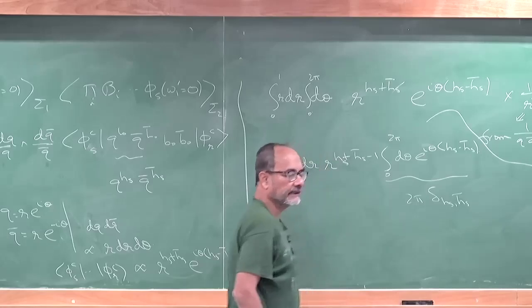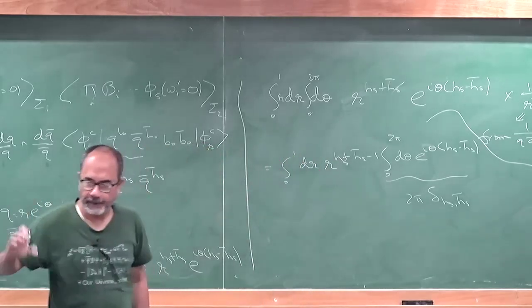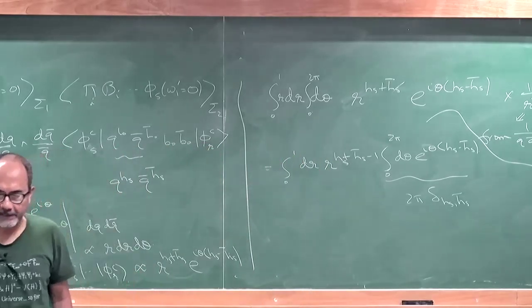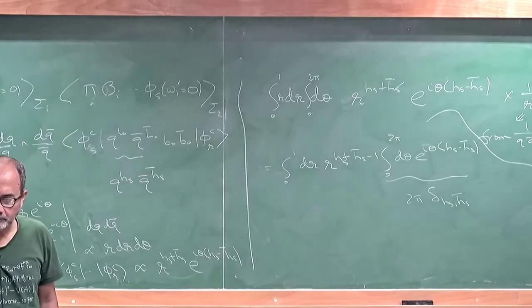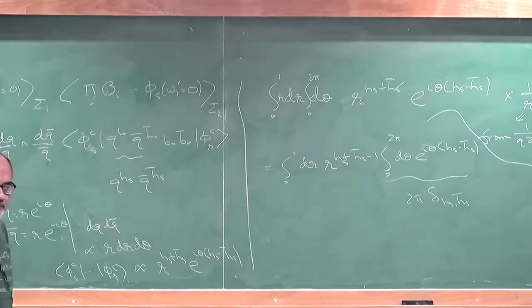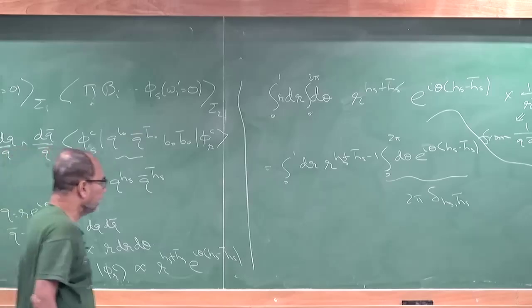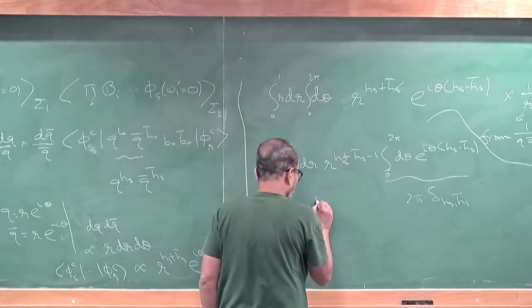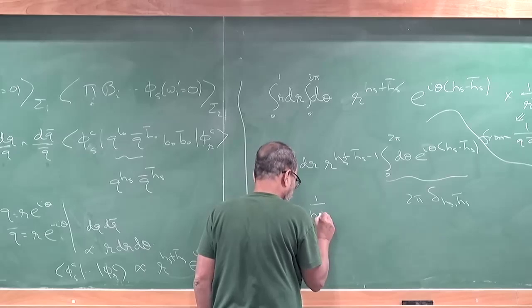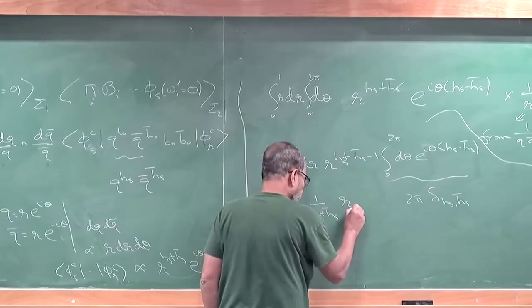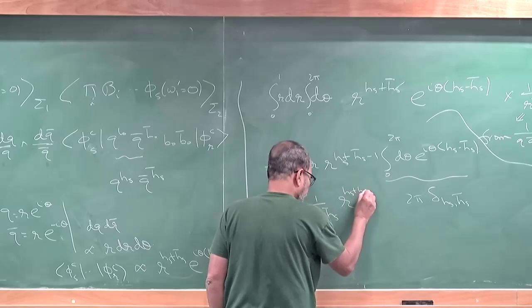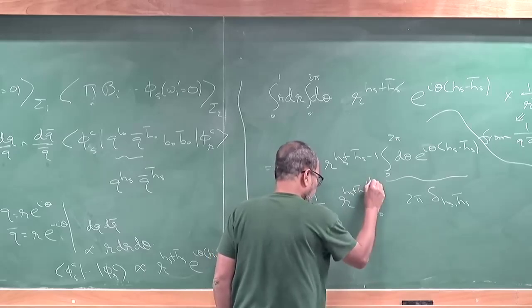This is telling us that the only states that propagate are the ones that satisfy L0 equal to L0 bar. And the r integral is 1 over HS plus HS bar, r to the HS plus HS bar between 0 and 1.